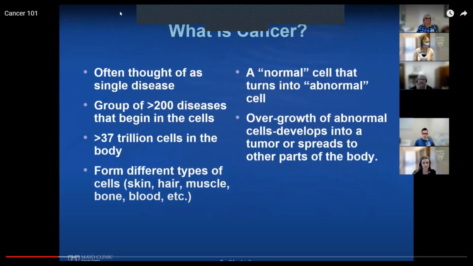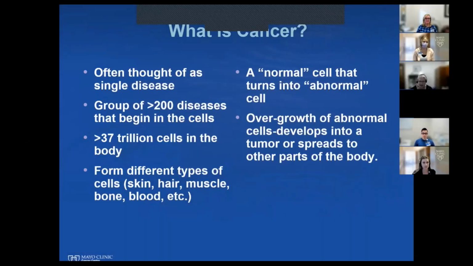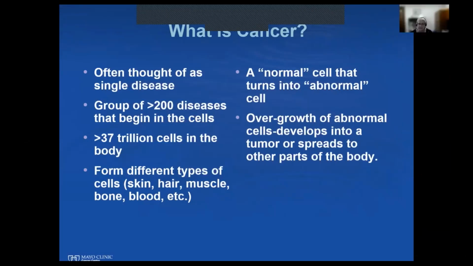Cancers are alike in some ways, in that they all begin with changes that alter the baseline of our cells, in the DNA or genes of our normal cells. But cancers are also very different from each other in the way that they grow or spread or react to treatments.